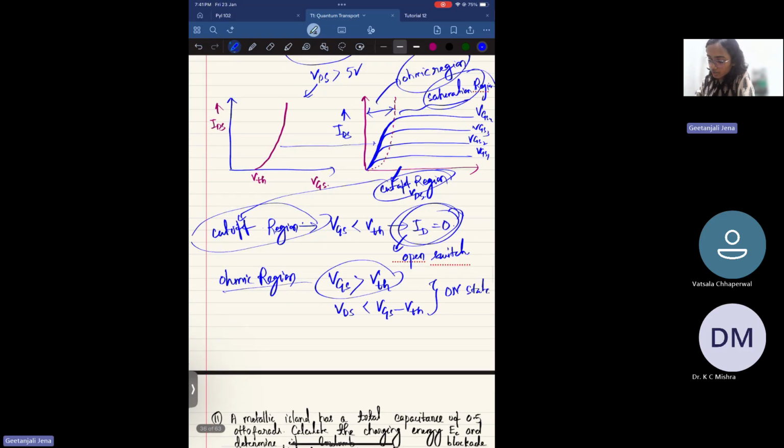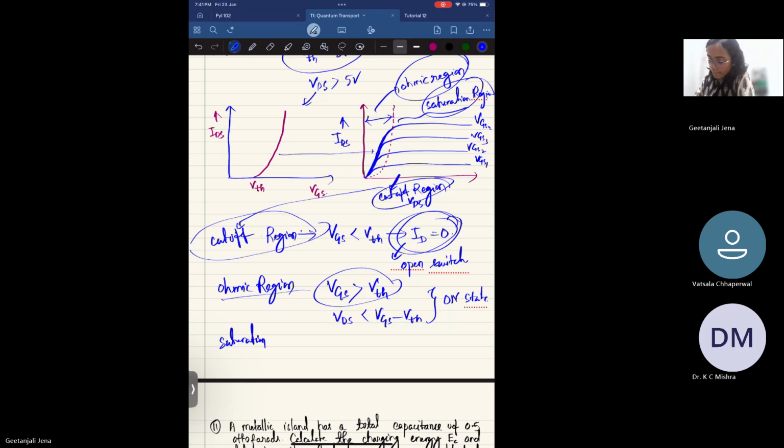For the saturation region, here also VGS is greater than the threshold voltage, but VDS here is greater than VGS minus VTH. Here also the MOSFET is on.